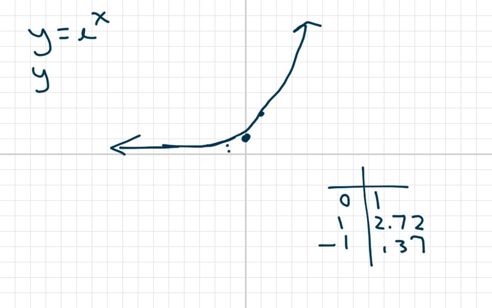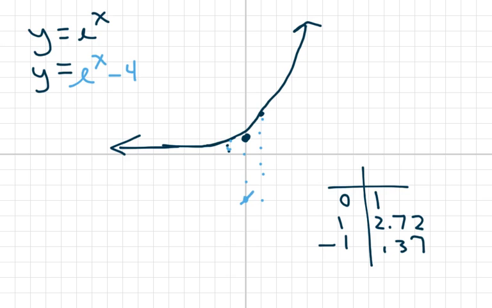If you want to shift it up, or do you want to shift it down? Let's shift it down. e to the x minus 4. So from here I'm just going down 4. 1, 2, 3, 4. From here I'm going down 4, right about here. And basically this is going to be down 4. 1, 2, 3, 4.